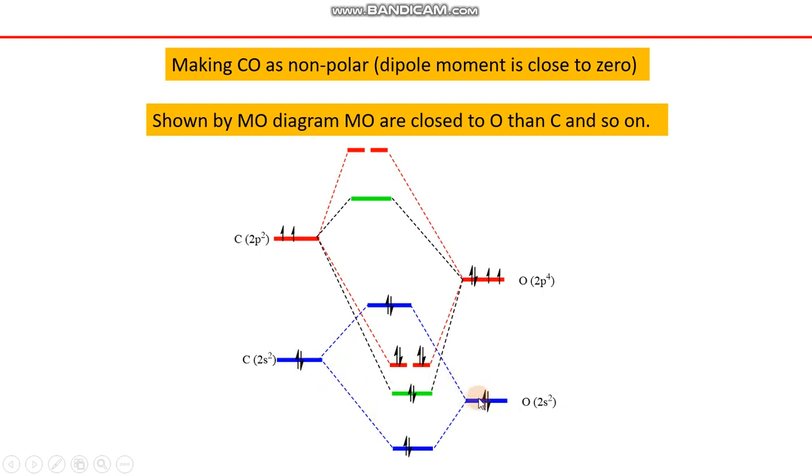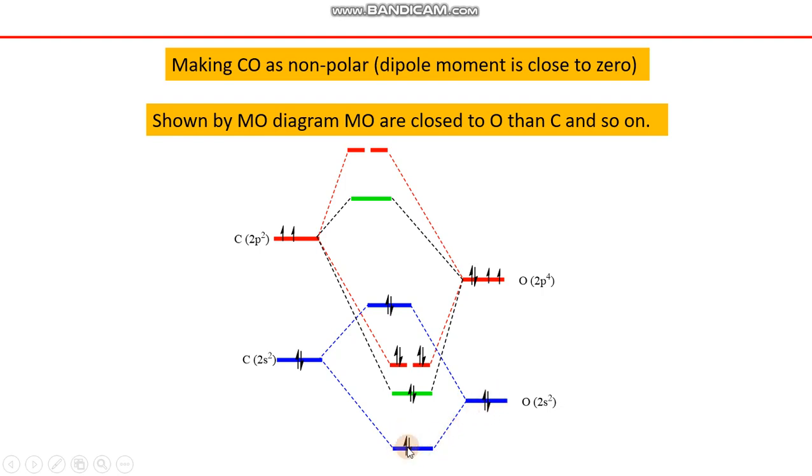The one which has the highest electronegativity is more stable than the other. Accordingly, the bonding pair of electrons which has been accommodated here belongs to oxygen because it is closer to oxygen, and on the basis of this closeness we say that this orbital possesses more characteristics of the oxygen atomic orbital.